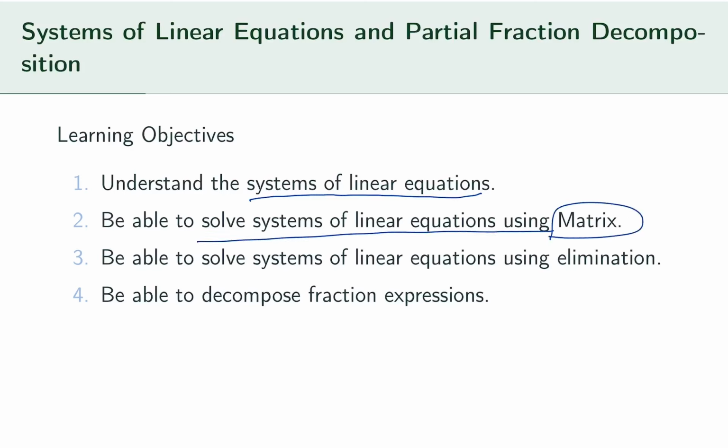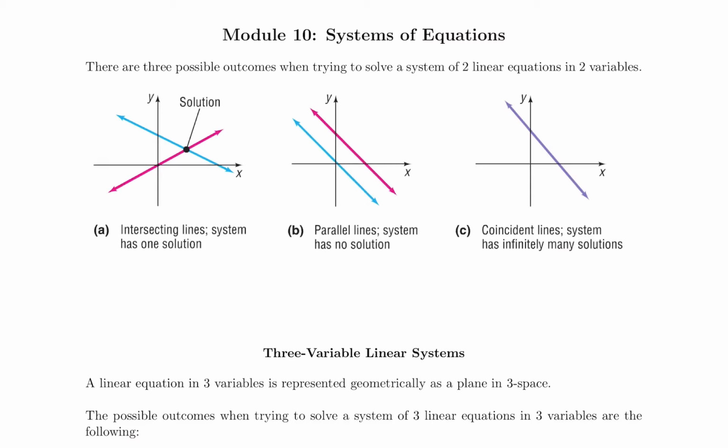So for systems of linear equations, there are three possible outcomes when solving a system of two linear equations. Let's focus on the language. A system means it contains two linear equations with two variables.